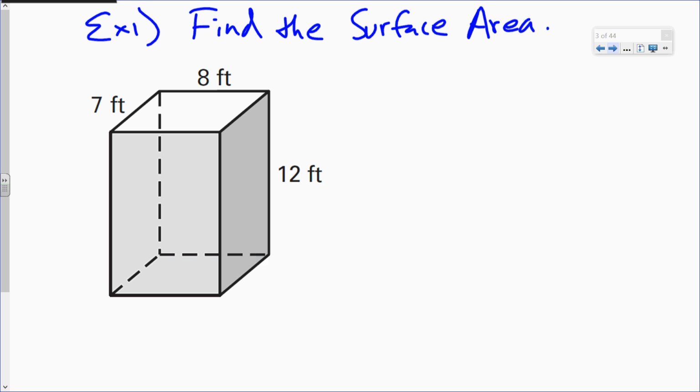Copy that down. And give me the dimensions, 12, 8, and 7.